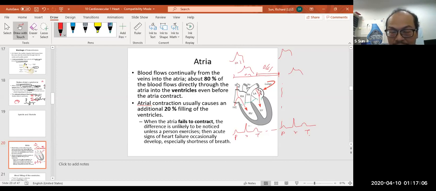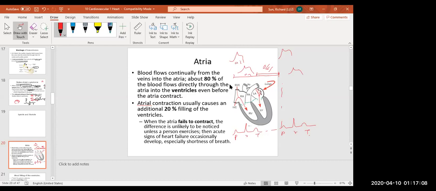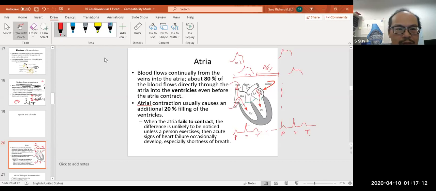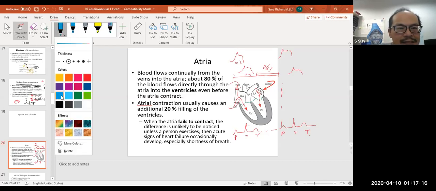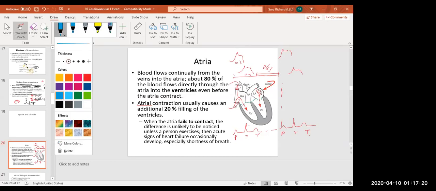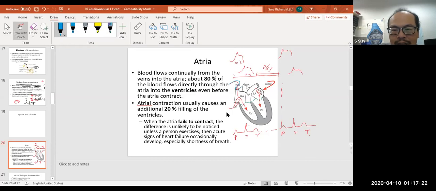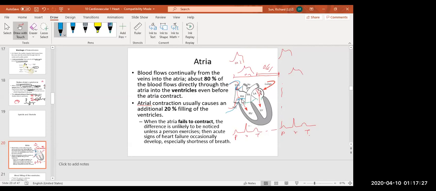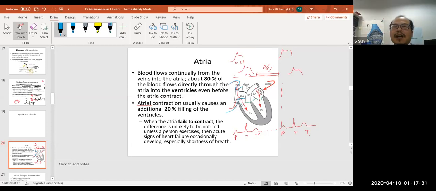During this time, blood coming from our body flows in. Use blue, because this is deoxygenated blood. So this blood coming from our body flows into the right atrium freely because our body has blood pressure. So that pressure will push this blood in.